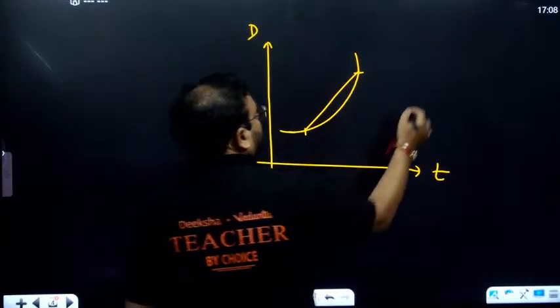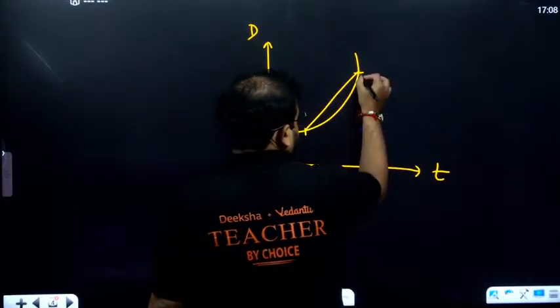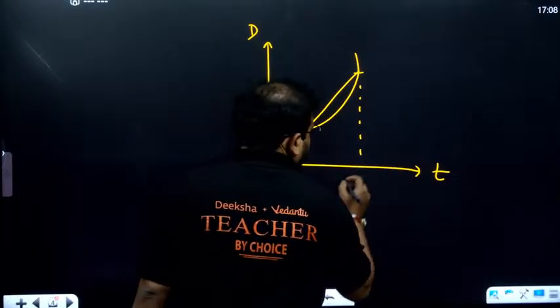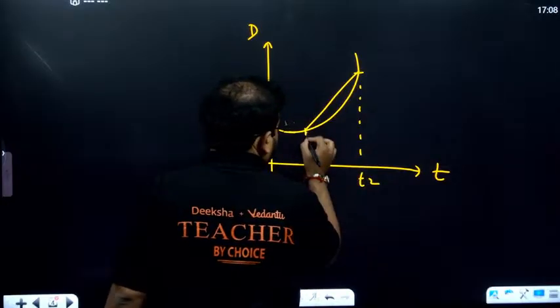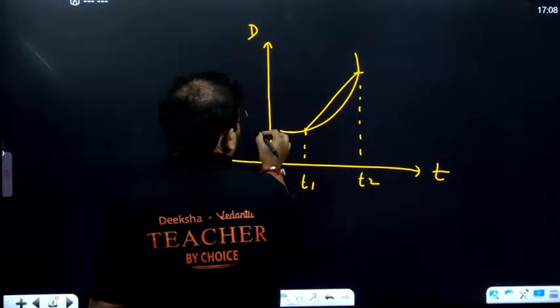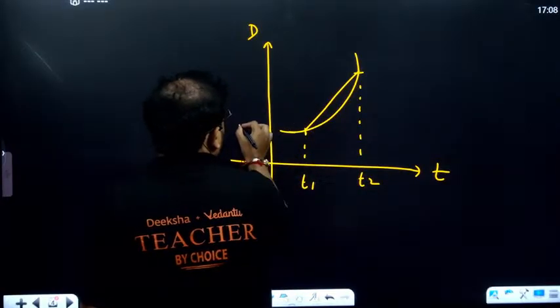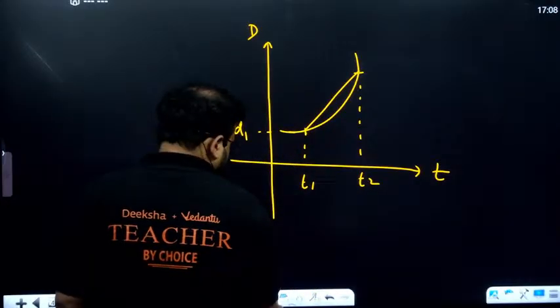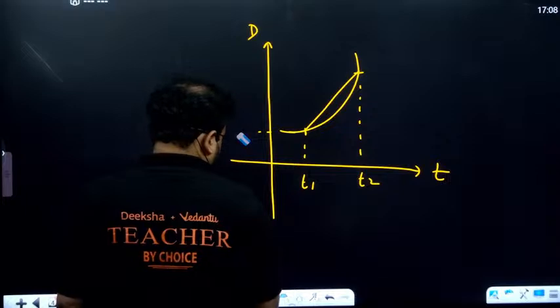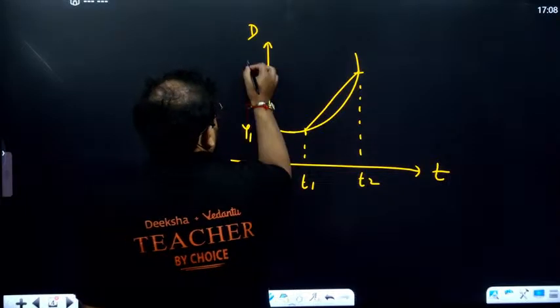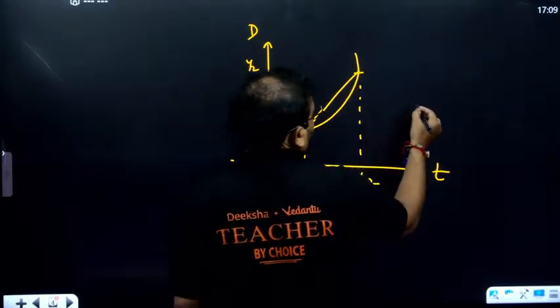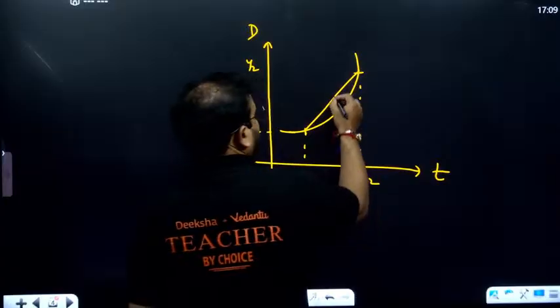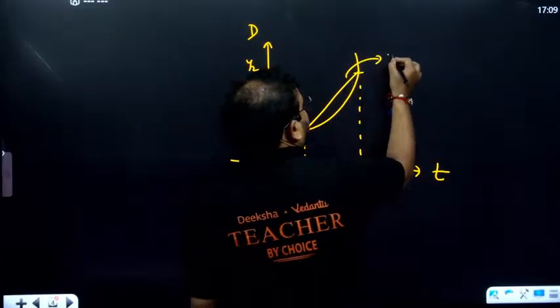I want to know. So if I want to find that, this is called t2. This is t1. This point is, let's say, d1, or let me write this as y only, it'll be easier. This is y1 and this point is y2. If I want to find out this particular value, how do you find this? You end up finding m.